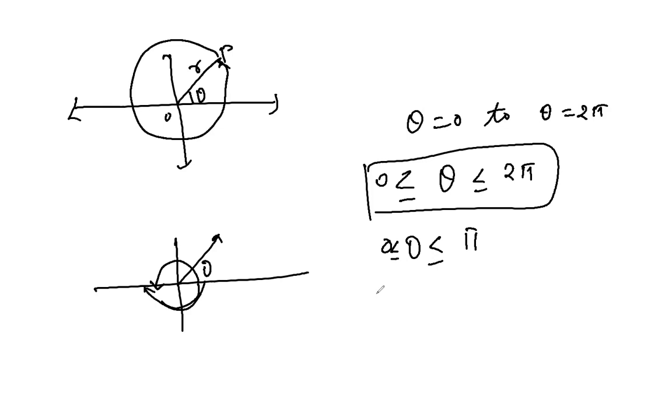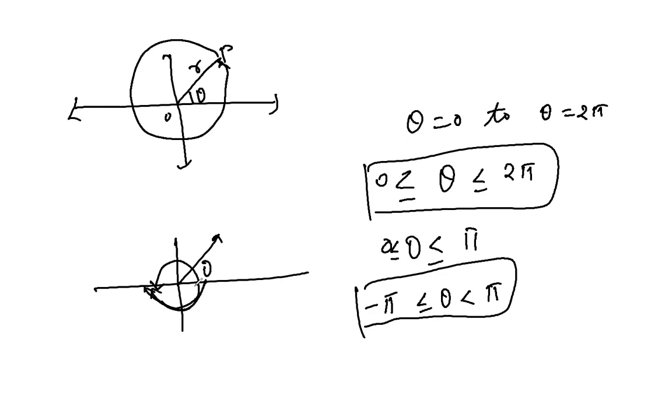So this is again the value of angle theta. If you go in this direction, then you take the negative direction, and if you go in this direction, then the positive direction. So this is the polar representation of a complex number.